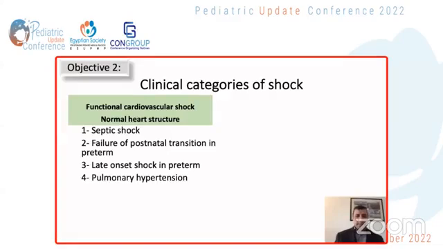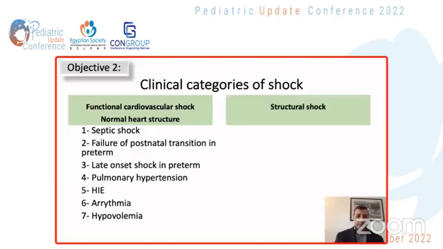Late onset shock in preterm infants, or it could be related to pulmonary hypertension, or hypoxic ischemic encephalopathy, or arrhythmia, or hypovolemia. All of these are functional cardiovascular issues or shock with assumed normal heart structure.